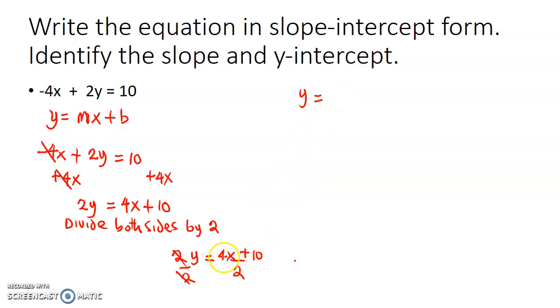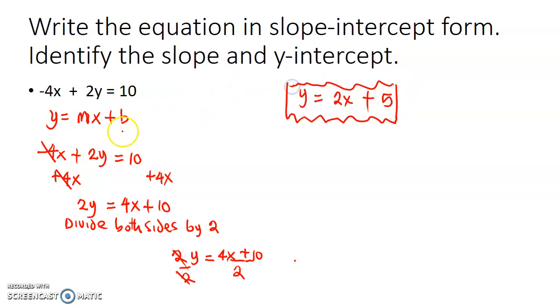Remember, everything on the right hand side is divided by 2. So I have 4x divided by 2, I'm going to be left with 2x, and plus 10 divided by 2 as well, I'll be left with 5. So this is my equation in slope-intercept form.